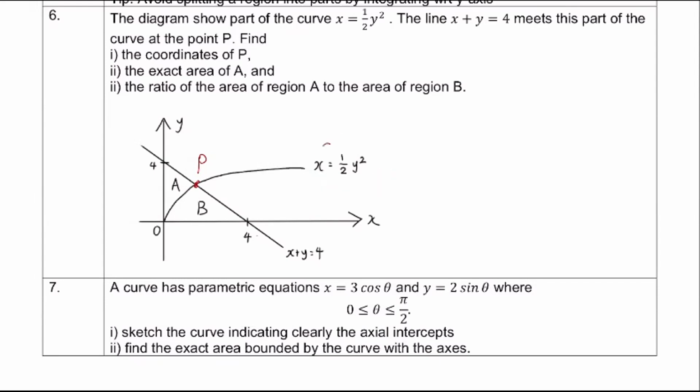Notice that this function is x equals something, so if you want to use the GC, you actually need to solve for y. So it's plus minus square root 2x. It's actually two separate functions.